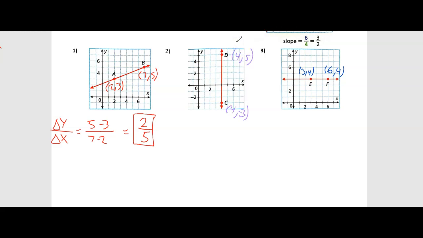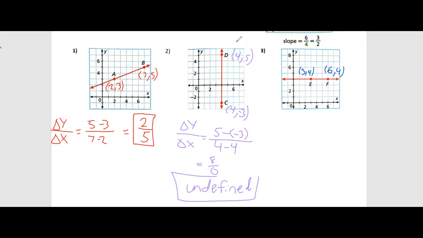For number 2, we do change in y over change in x again, and we get 5 minus -3 all over 4 minus 4. This gives me 8 over 0, which we know is undefined. And this is what you will get for every vertical line. The slope of a vertical line is always undefined.